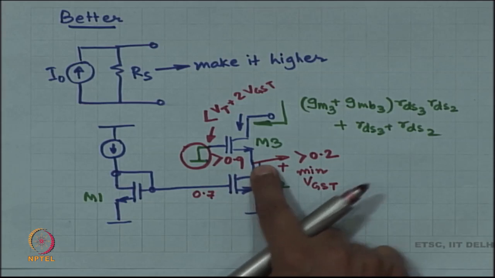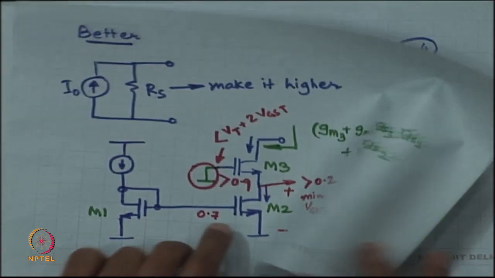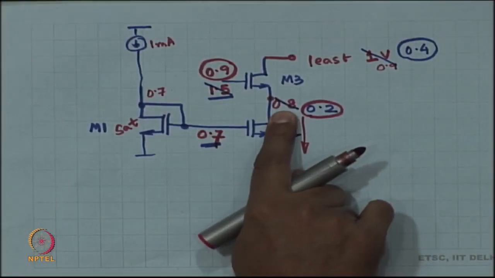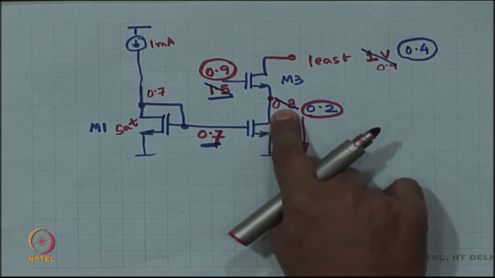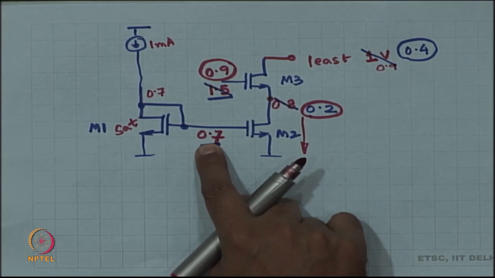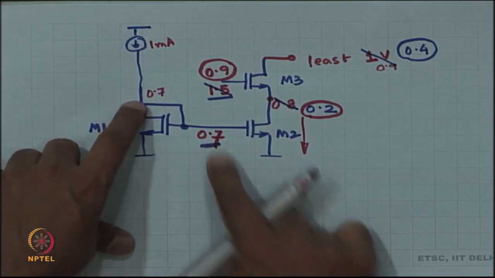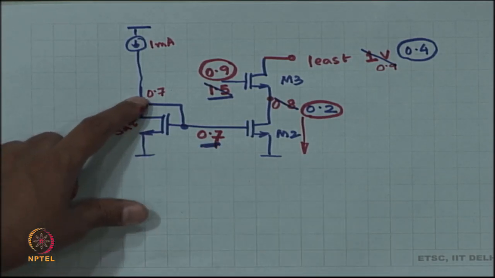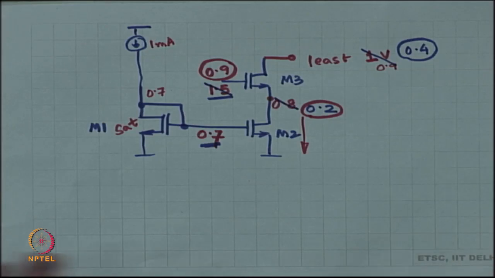In the other case, VGS was 0.8, VDS was 0.8, VGS was 0.7 for M2, but in the reference device VGS and VDS are both 0.7. So once again the currents are not exactly identical.